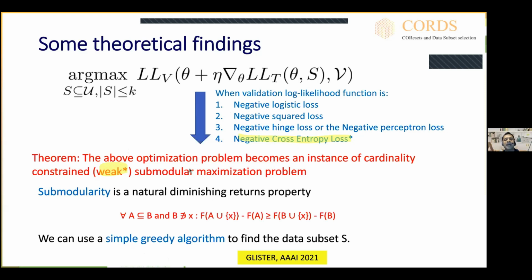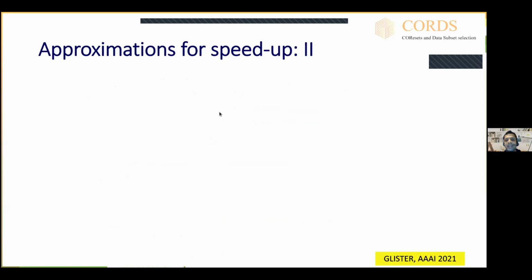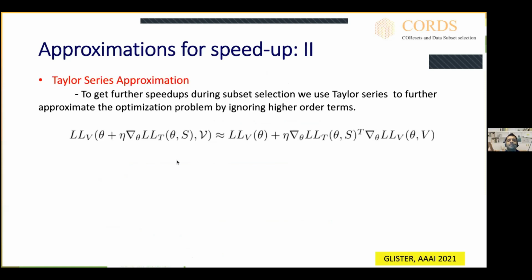But as I pointed out, this is also going to be expensive because the evaluation of this function for every element that you try and add in a greedy algorithm is going to be very expensive.